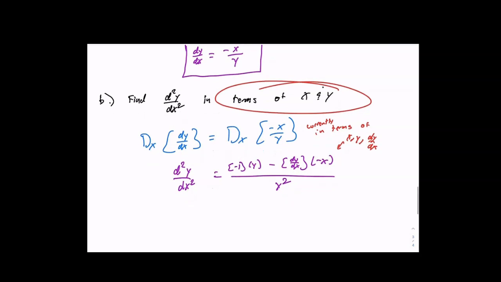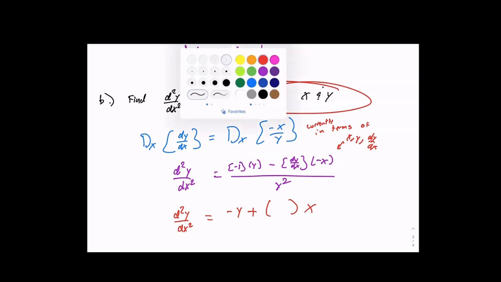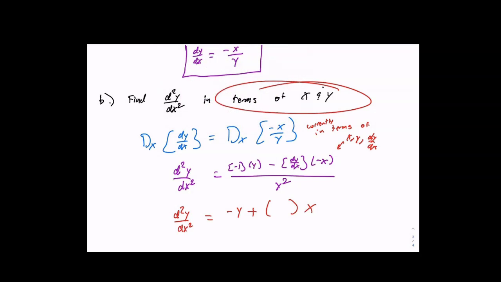So it's as simple as substituting. Now I multiplied the negative signs and stuff like that, so I put a plus x, and substituting in dy/dx.